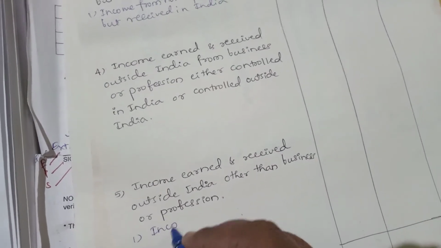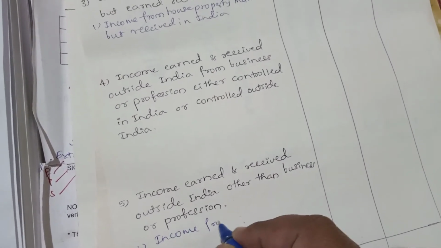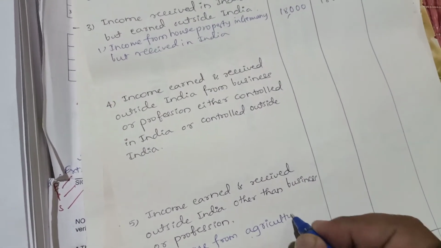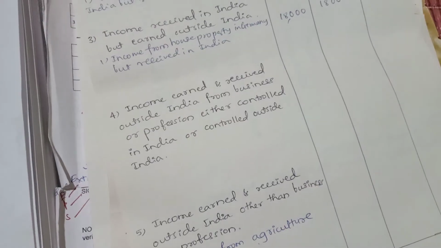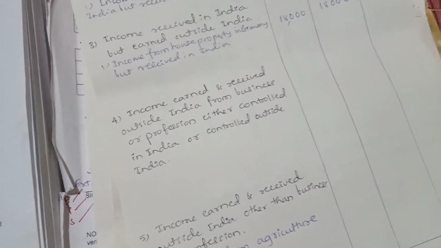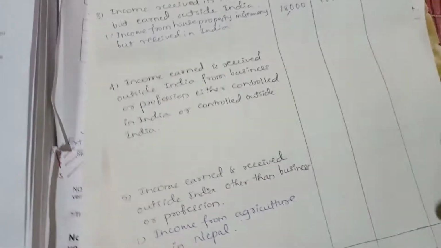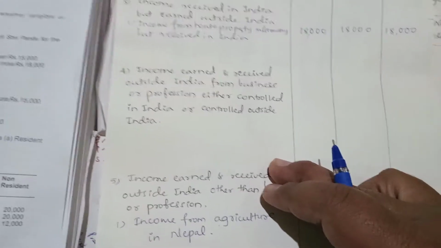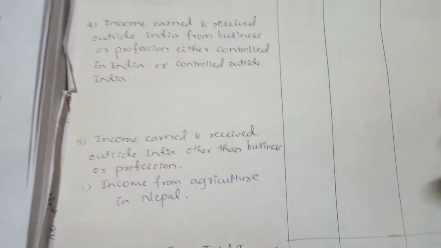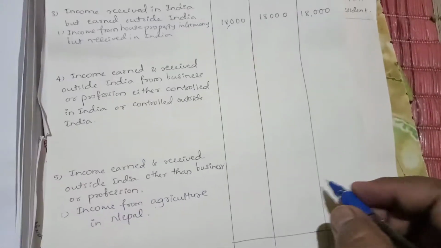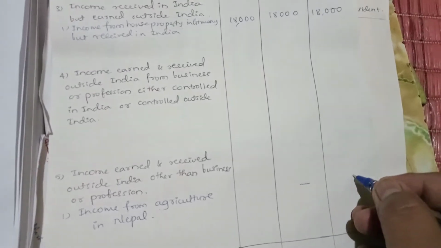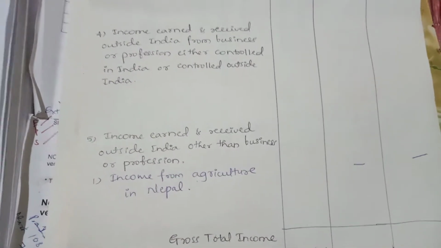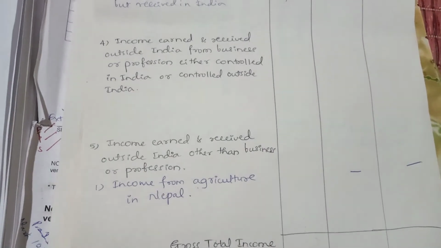Income from agriculture in Nepal amounted to rupees 8,000. So this head is very important. In respect of this head, we are not at all going to tax a not ordinary resident as well as the non-resident. Only in case of ordinary resident it is going to be taxed.